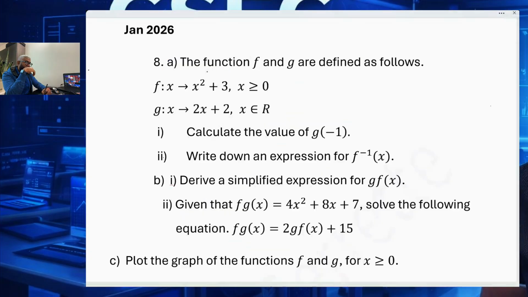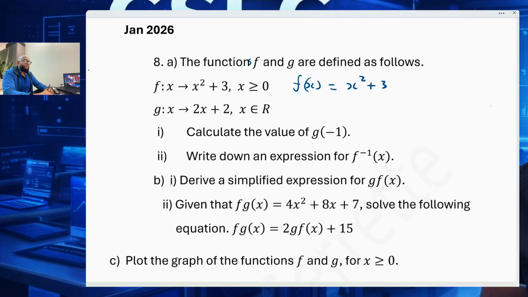Alright, so the functions f and g are defined as follows. F such that x maps onto x squared plus 3. Point to note here, this is simply the same as writing f of x is equal to x squared plus 3. That's your function for f.